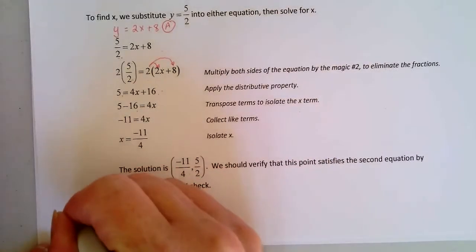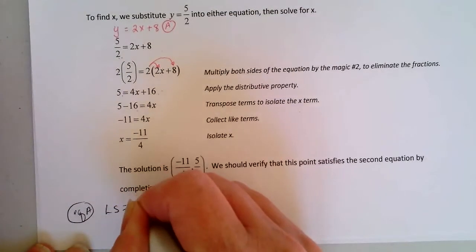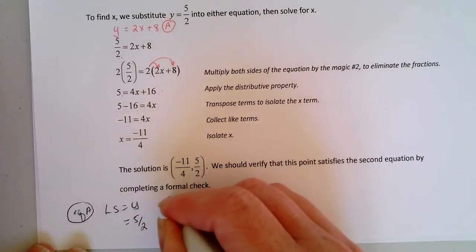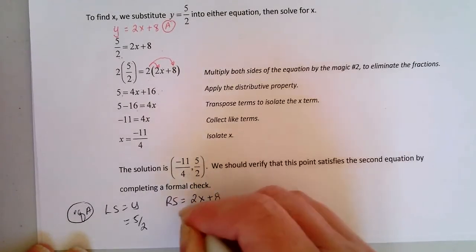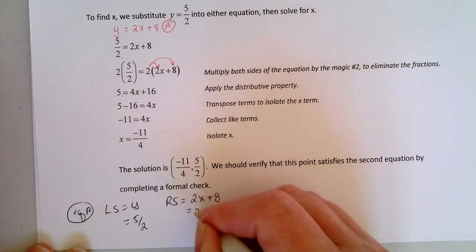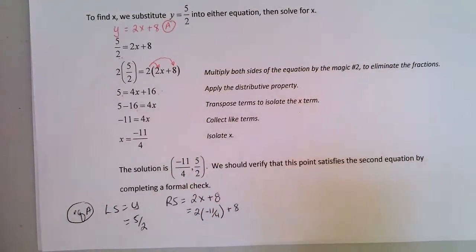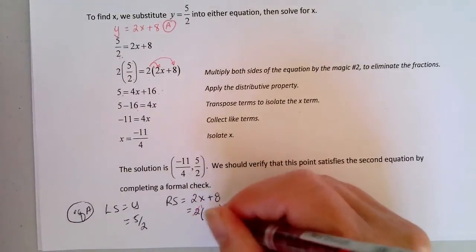So for equation A, the left side is equal to y, which is going to equal 5 over 2. The right side will equal 2x plus 8. Our x value is negative 11 over 4. And we're going to reduce the 2 in the numerator with the 2 in the denominator.